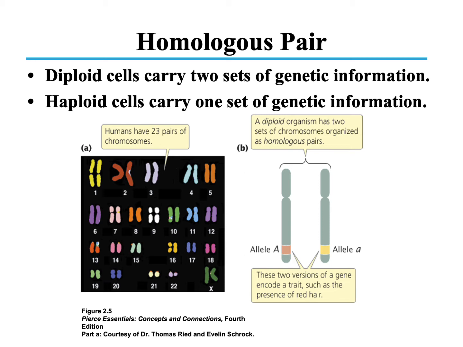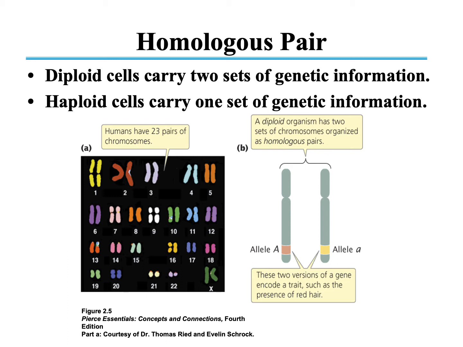When we talk about chromosomes in a typical diploid organism, that's where the term homologous pair comes into play. Because diploid organisms have two complete sets of genetic information, it also means they have two copies of every single chromosome present in those cells.